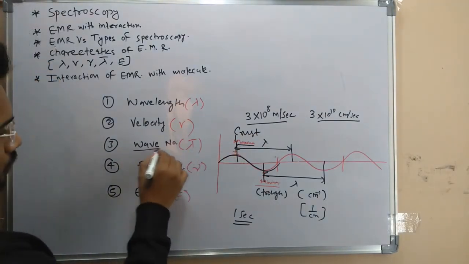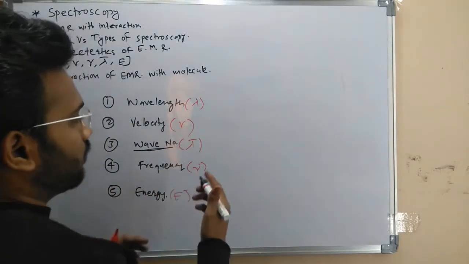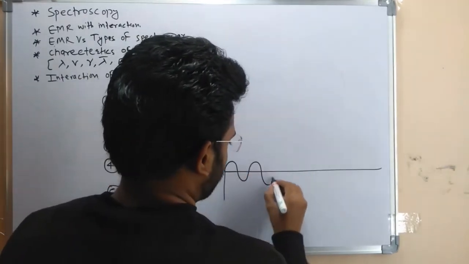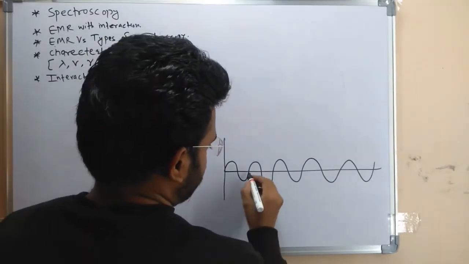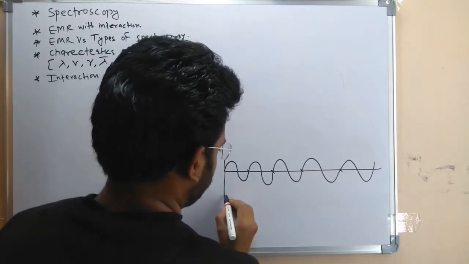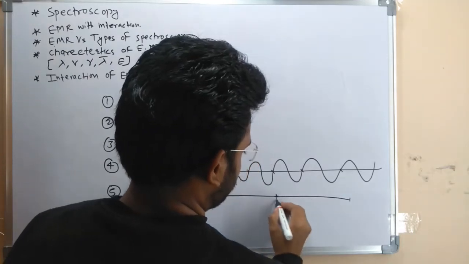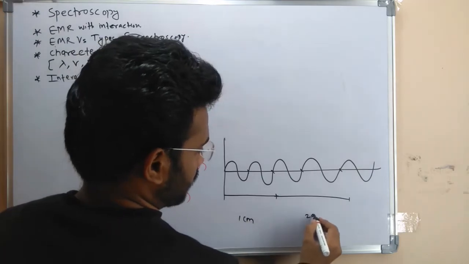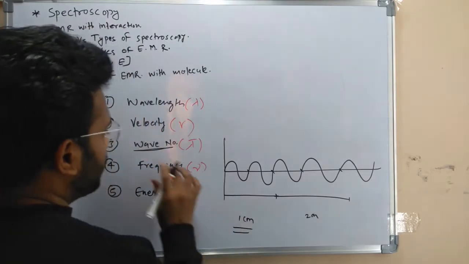Now this is the wave number. What is meant by wave number? See, suppose this is the wave. This is 1 centimeter, this is 2 centimeter. The number of waves in 1 centimeter is called wave number.